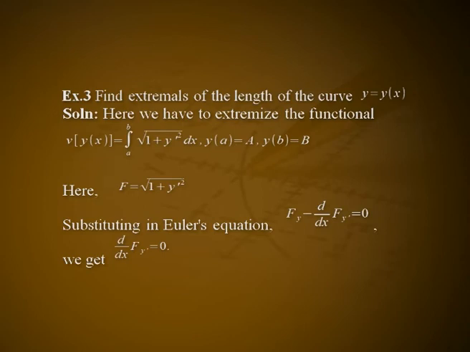Substituting in Euler's equation, fy minus d by dx of fy dash equal to 0, we get d by dx of fy dash equal to 0. That is, fy dash y dash times d by dx of y dash equal to 0. That is, fy dash y dash y double dash equal to 0. That is, y double dash equal to 0 or fy dash y dash equal to 0.